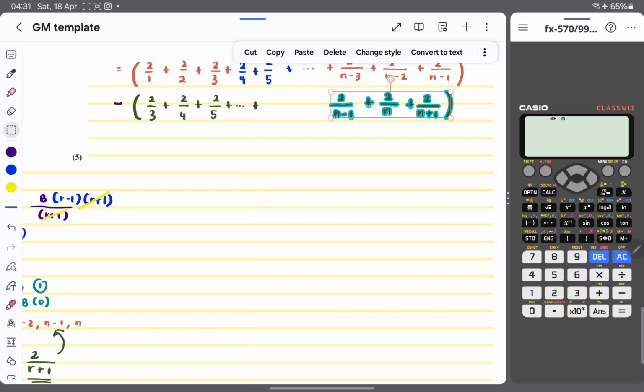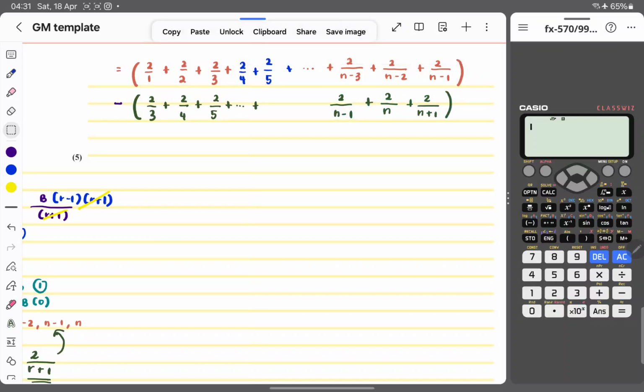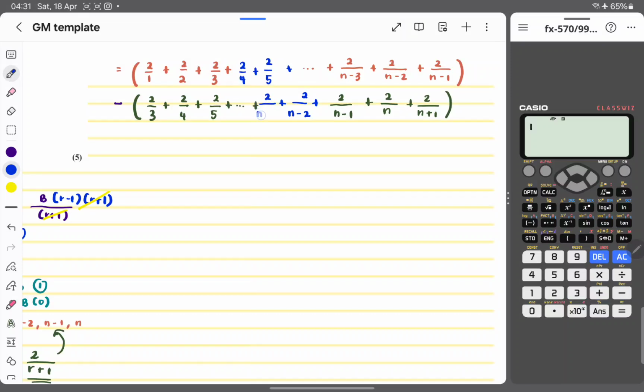And then the same thing here. If I reverse, I know that before n minus 1 is n minus 2, and before n minus 2, I would have n minus 3. That's the reason why I put the orange series at the top and the olive series below, to make it easier for you to cancel the terms.